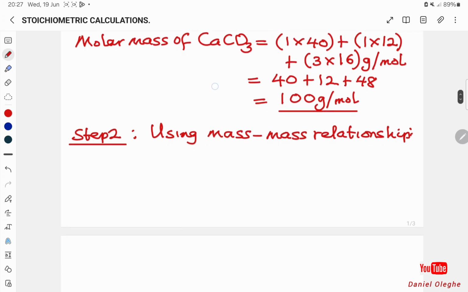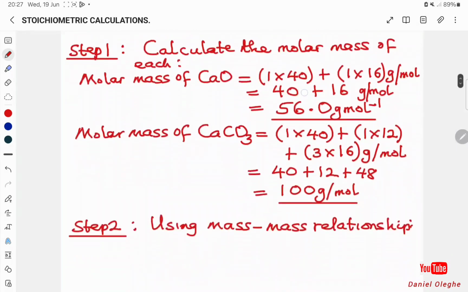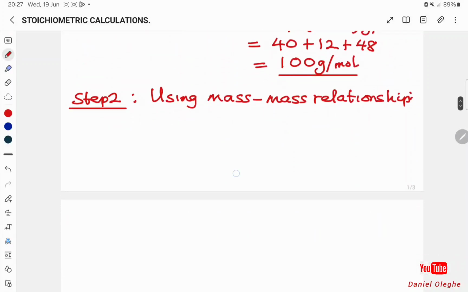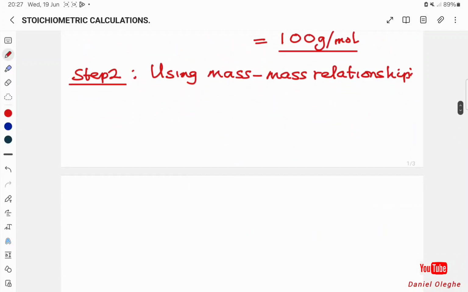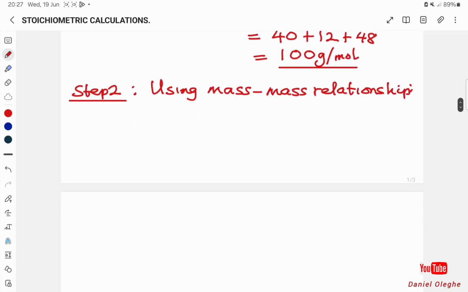So we are going to convert from the first statement above here, you have 1 mole of calcium carbonate producing 1 mole of calcium oxide. So we are going to convert each mole to the respective mass in gram by multiplying by the molar mass as follows.